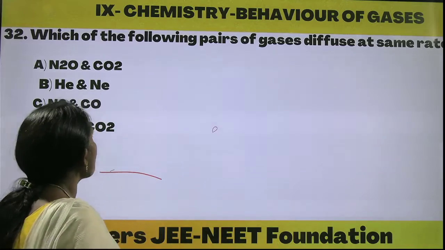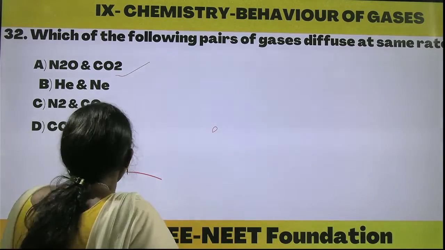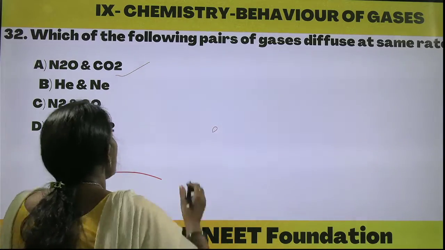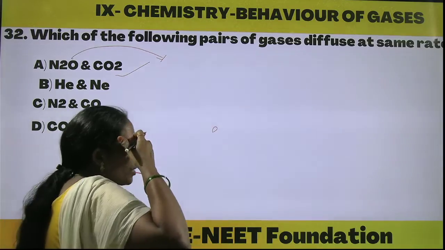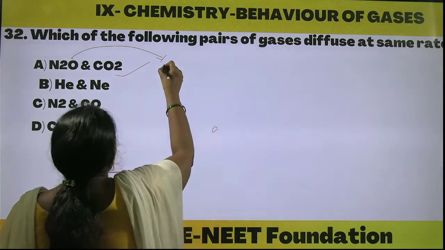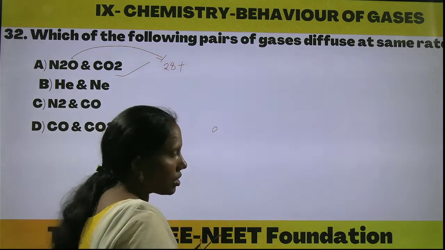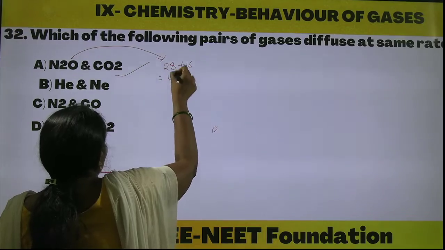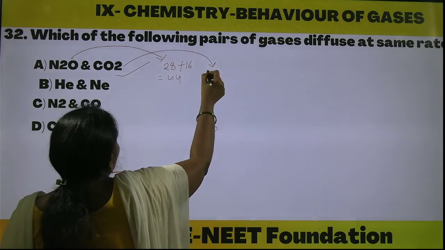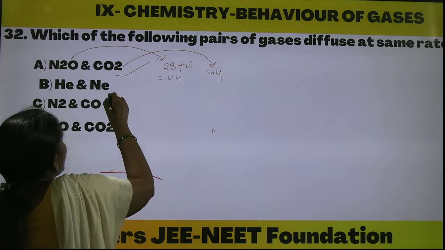Let's check with the options. Coming to the first one, N2O. What is the molecular weight? For N2O, for 1 nitrogen it is 14, for 2 nitrogens it is 28, plus for 1 oxygen it is 16. So 28 plus 16 is 44, and for CO2 we already know it is 44. Now helium and neon.